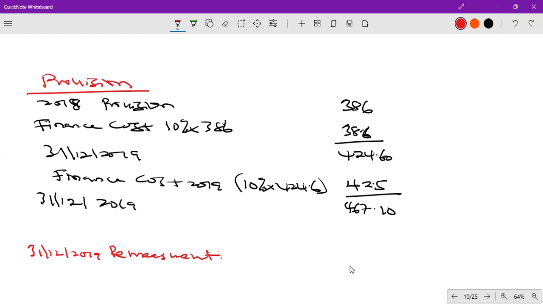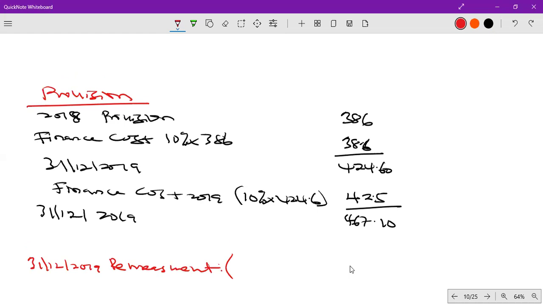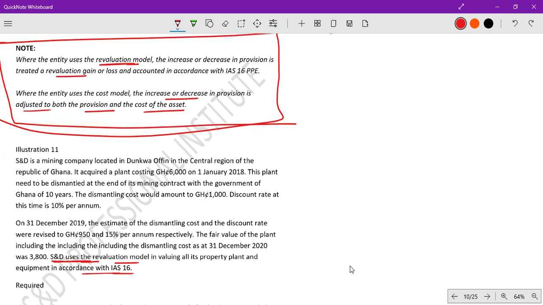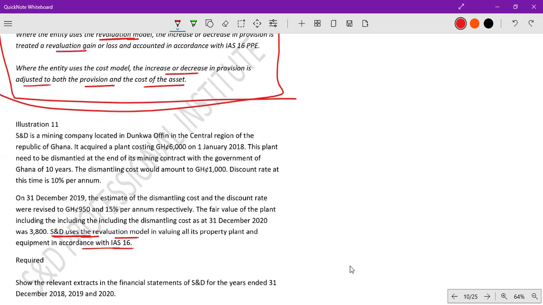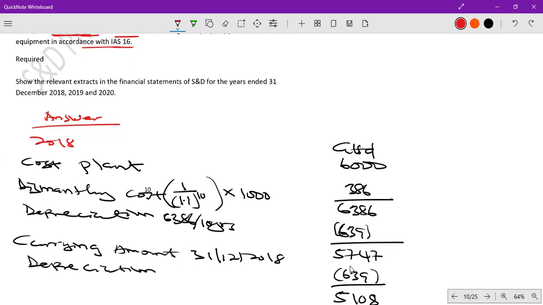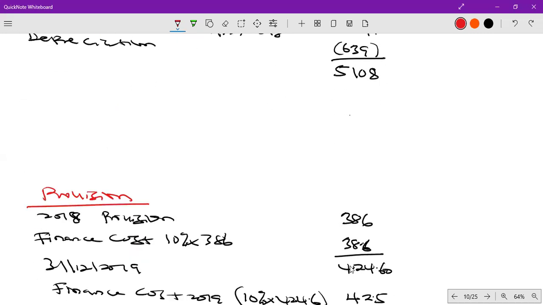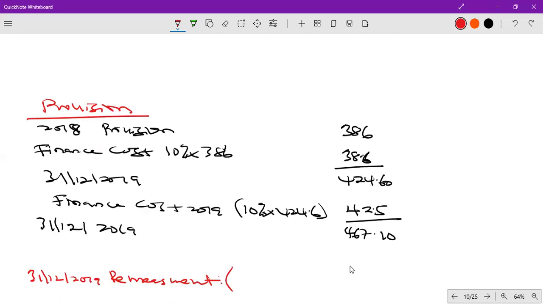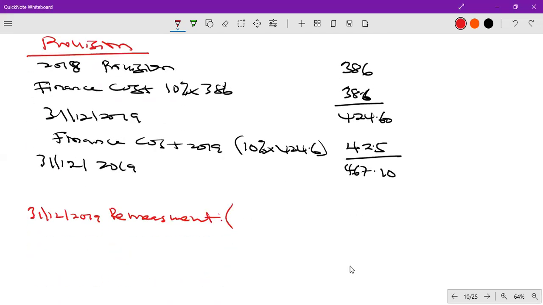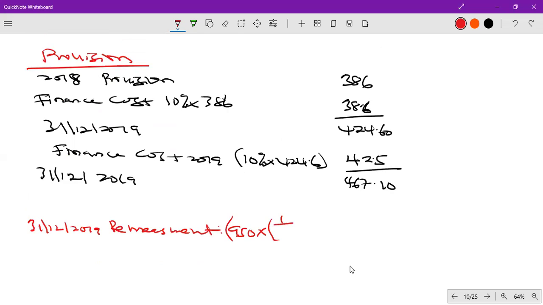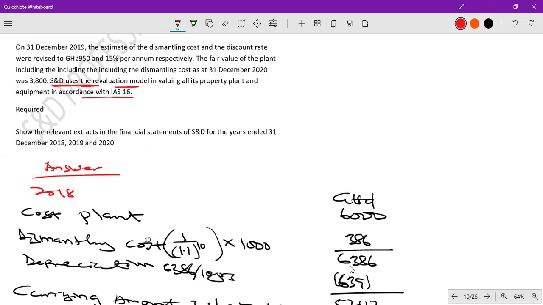And this remeasurement, how is it going to be? What is the new estimate for the provision? 950. Okay. So this will be 950 times bracket 1 over, what is the new discount rate? 15%.